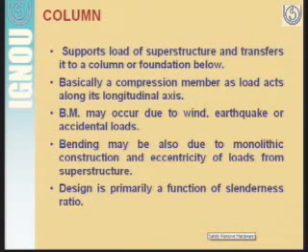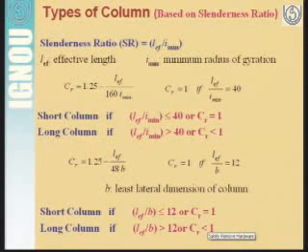Now the design of the column is primarily governed by the slenderness ratio. It means the design of a column is a function of the slenderness ratio of the column. So what is this slenderness ratio?